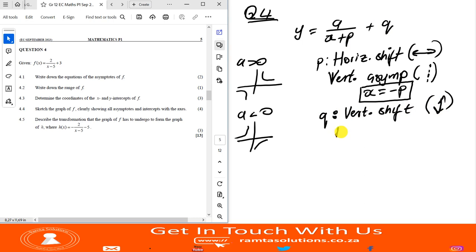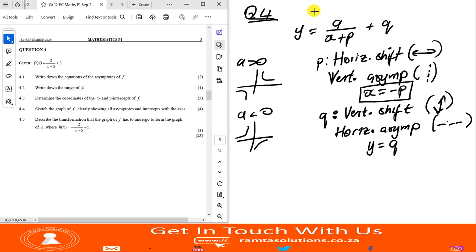It's also called the horizontal asymptote. So we will say this function does not exist at y equals q.